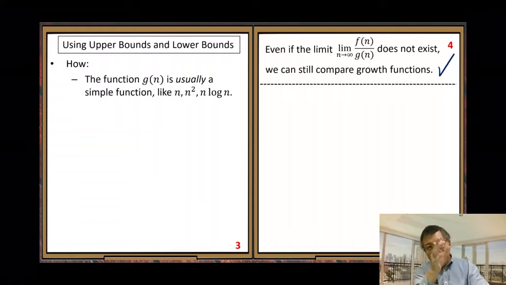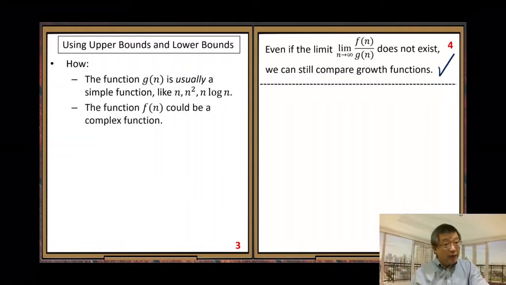Typically we use those kinds of special functions. And f of n could be a complex function, because we want to study the order of growth of f of n, so f of n could be relatively more complicated.